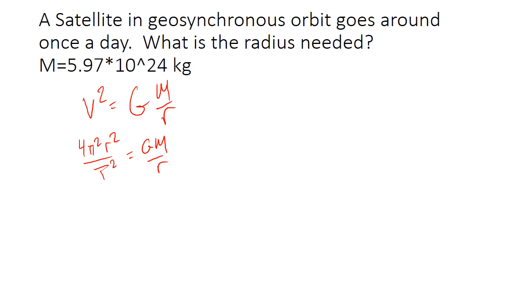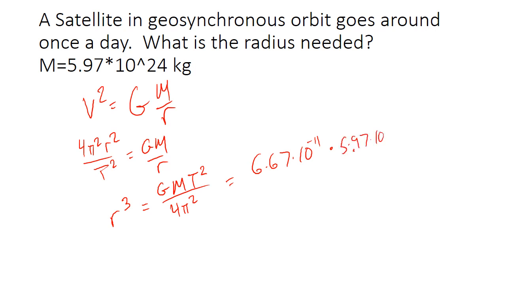So I'm solving for radius. r cubed is going to equal GM T squared over 4 pi squared, right? That's everything. So G is 6.67 times 10 to the negative 11, because it rhymes, it's easy to remember, times the mass, which is 5.97 times 10 to the 24, times T.